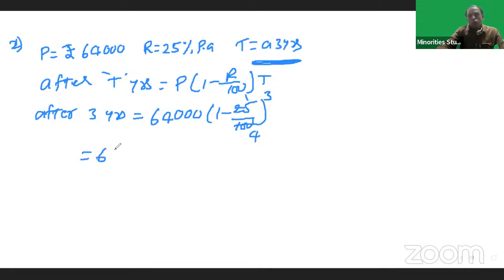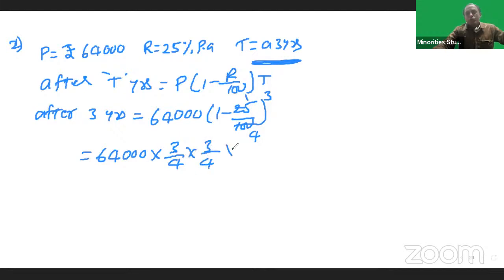It is equal to 64,000 into (1 minus 1 by 4). What is 1 minus 1 by 4? 4 minus 1 is 3, so 3 by 4 whole cube.